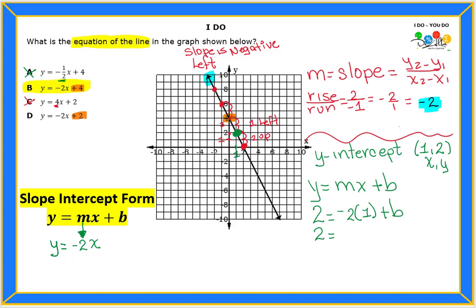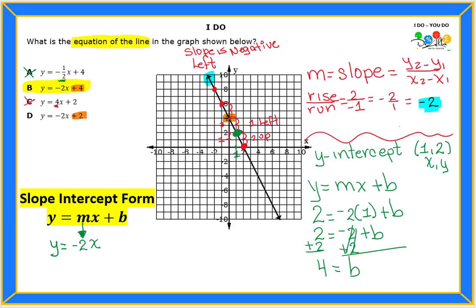Negative 2 times 1 is negative 2 plus b. Since I want to leave b by itself, I need to get rid of the negative 2. And the opposite of a negative 2 is a positive 2, or a plus 2, whichever way you want to see it. And the 2's are going to cancel out. And I'm going to get b equals 2 plus 2, which is 4.